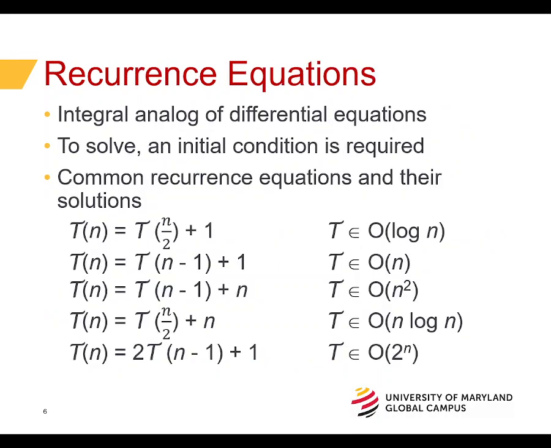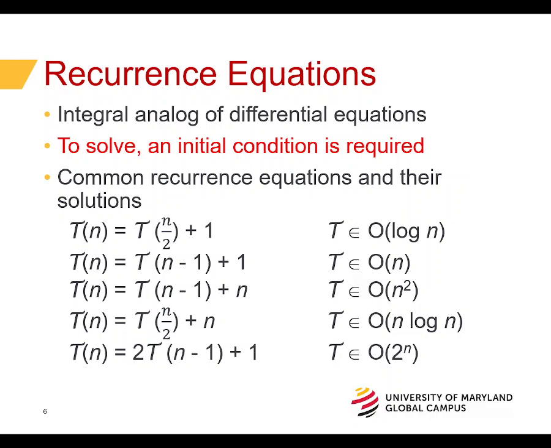Finally, we consider a more general method of determining the efficiency of recursive methods. This technique applies to methods that do have loops, as well as those that don't. This technique uses recurrence equations. A recurrence equation is the integral analog of differential equations. Like differential equations, to solve a recurrence equation, an initial condition is required.